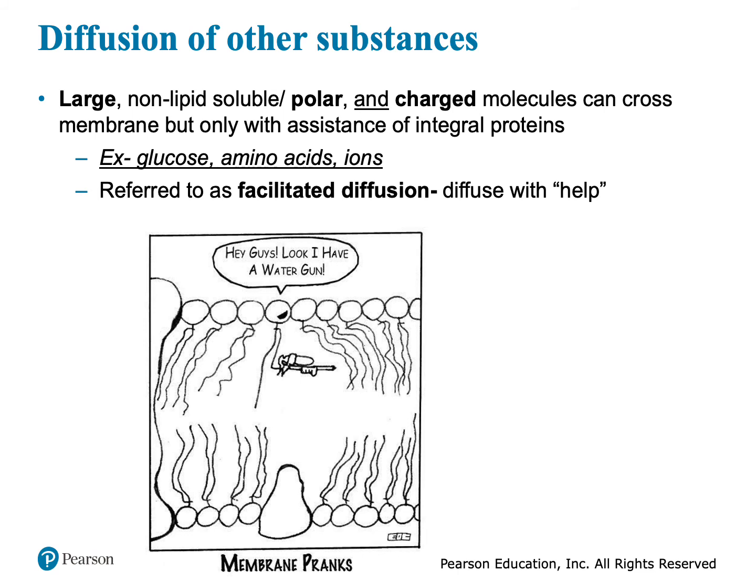If they are large, if they are, of course, polar, so hydrophilic, or if they are charged, they're going to have to use one of those integral proteins. Some examples would be glucose, amino acids, so the smallest block of a protein, and then ions, remember, are charged particles.